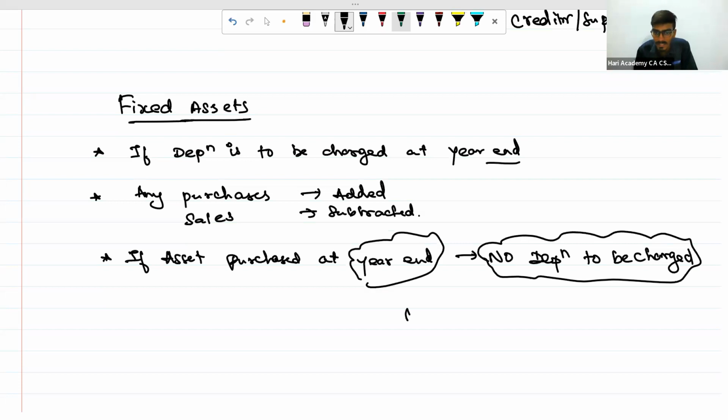My balance sheet date is 31/3/2023. If I have purchased the asset on the same 31/3/2023, there is no depreciation at all for it. In accounting, you will learn depreciation in a different manner. From the income tax perspective, that is the direct taxation perspective, depreciation calculation as per Section 32 will be entirely different. Don't confuse the two.